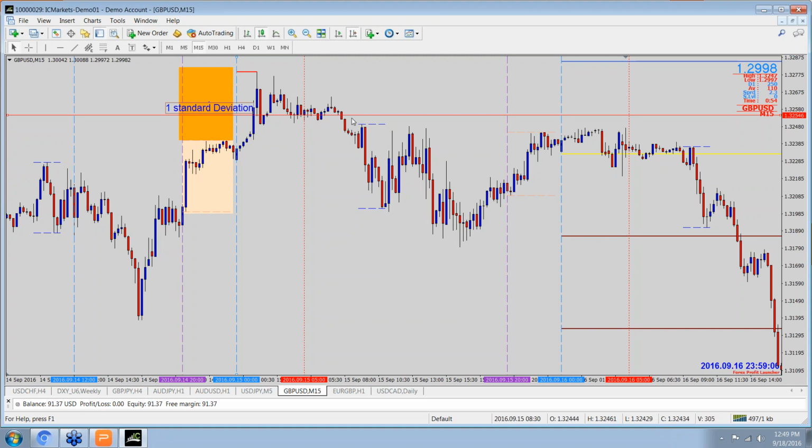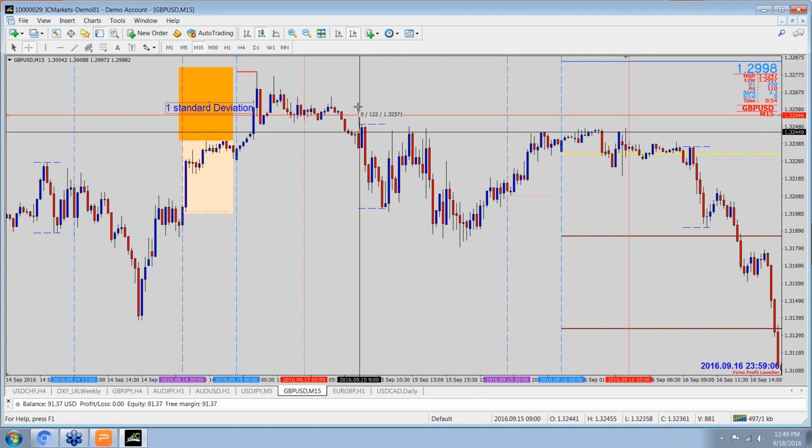Now we know we've gone one standard deviation already, so we can feel pretty confident that this market's going to be going short. We know our best entry is going to be in London session. So let's say for this instance you got in at the very beginning of London session because you're confident that this thing's not going back up.